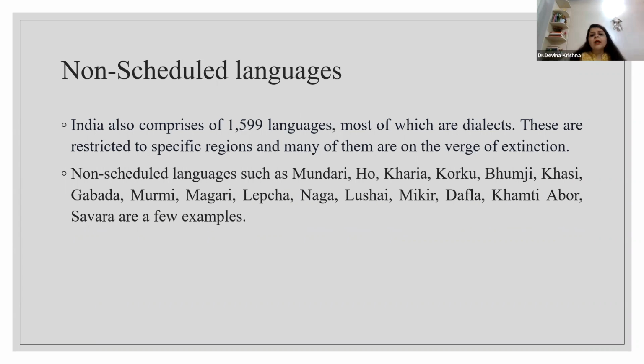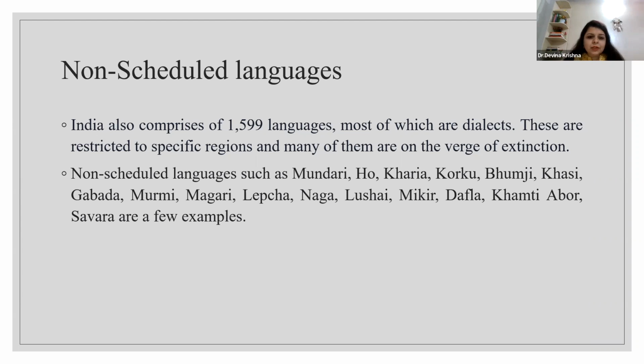Other than that, interestingly, the country also comprises 1599 languages, most of which are dialects. These are restricted to specific regions, as we know, and many of them are on the verge of extinction. So it's not a happy state, because many are facing extinction.